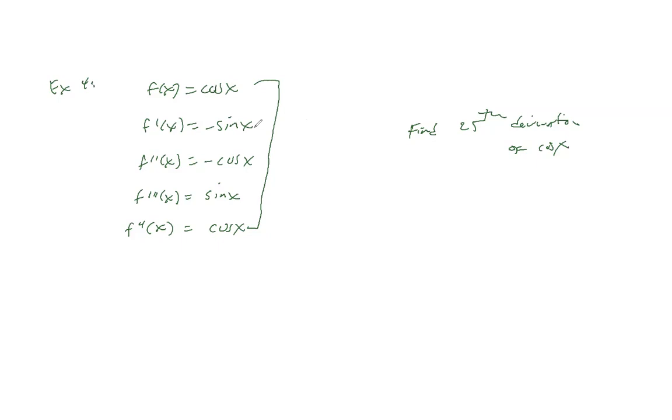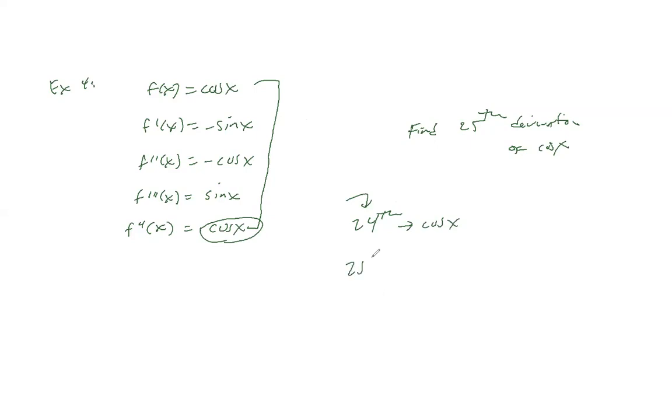So obviously, every 4 cycles, or multiple of 4, you're going to end back at your cosine, correct? So in other words, I believe, if that's correct, that the 24th derivative, which would be 6 times 4, a multiple of 4, should be equal to cosine of x, correct?